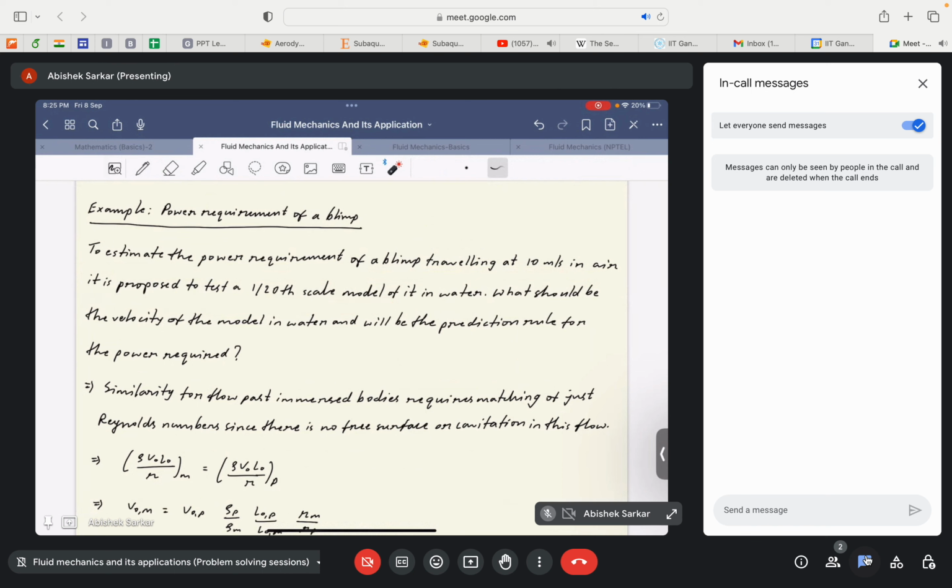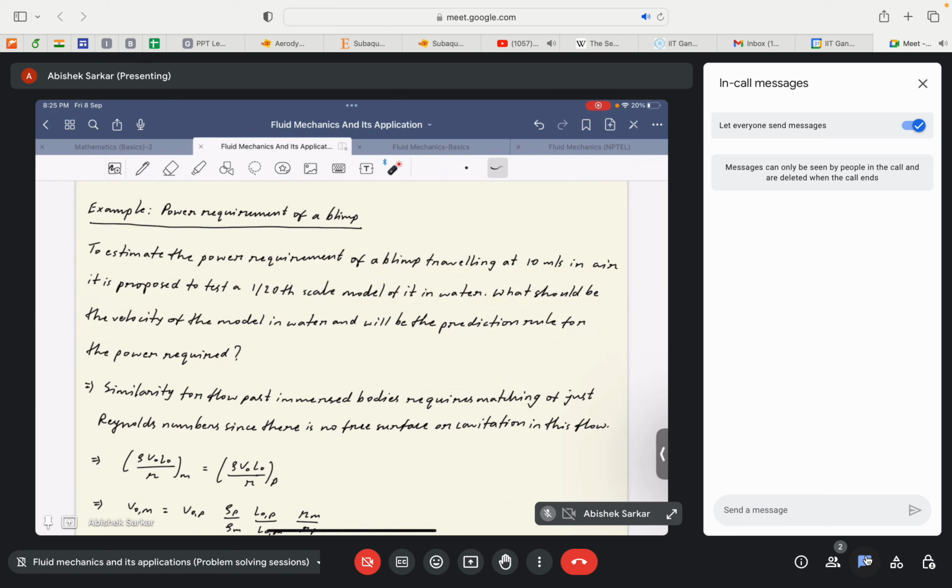Now here you see the concept of model comes into the picture. So what should be the velocity of the model in the water, and what will be the prediction rule for power required?